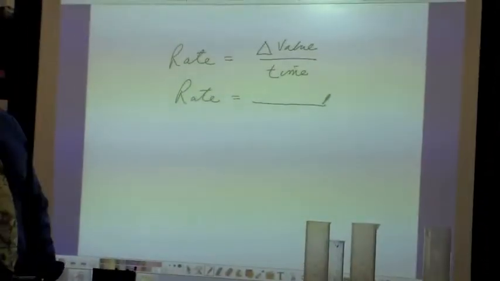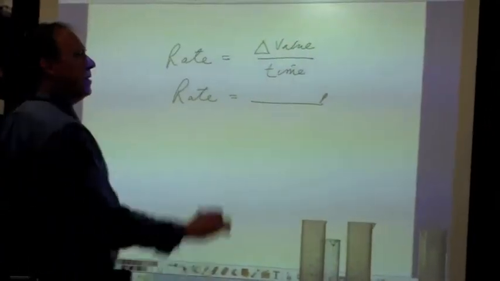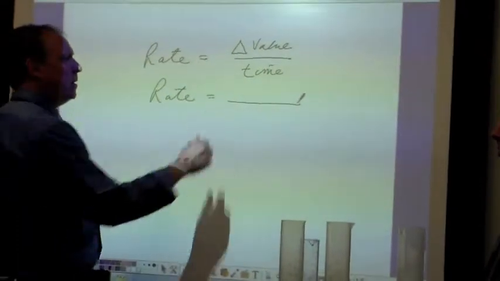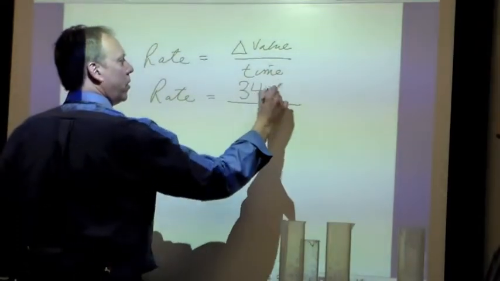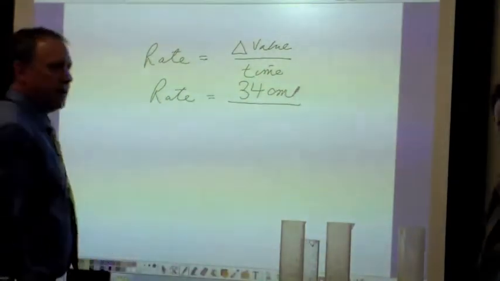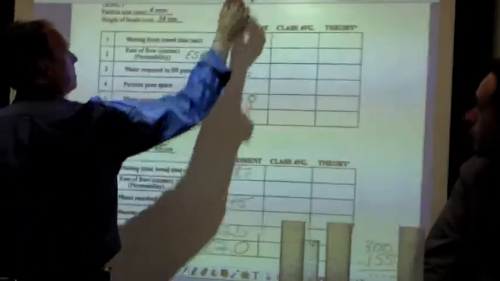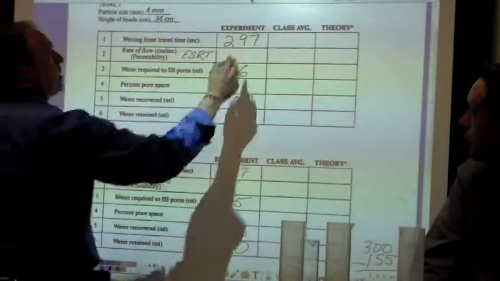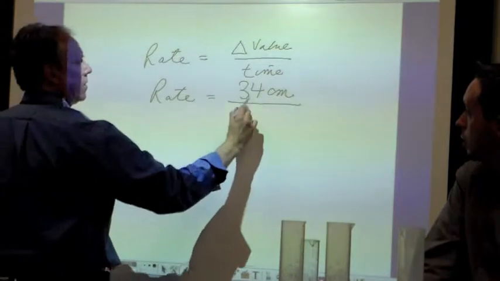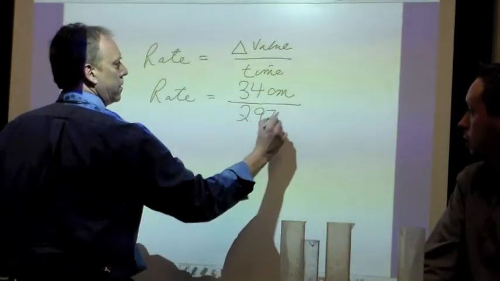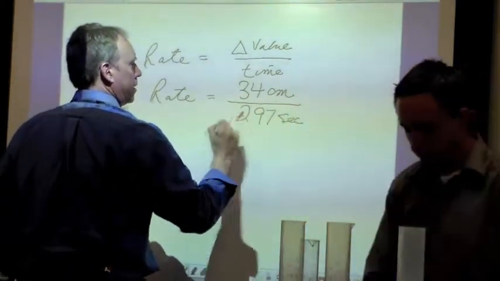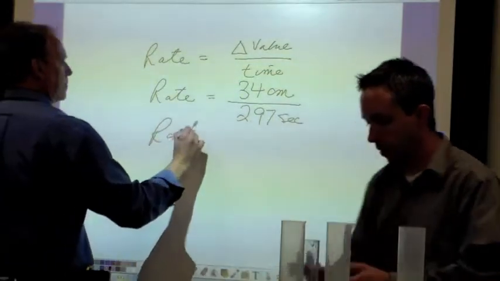Our change in value, well, the water went down a full 34 centimeters. And how much time did it take? It took 2.97 seconds. So if I divide those numbers, I'm going to use a calculator that works here.